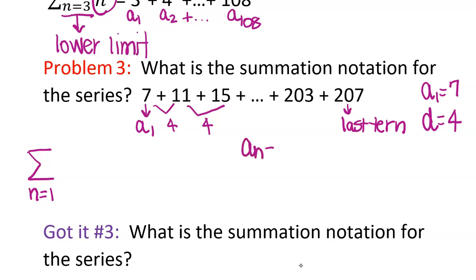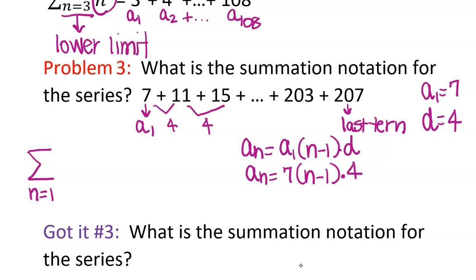A sub n equals the first term plus n minus 1 times that common difference. So that's really all that I know right now. I'm going to simplify that just a little bit.